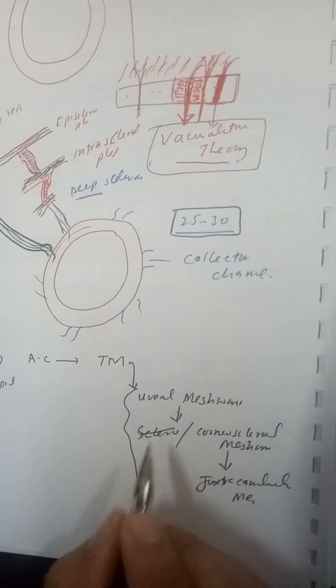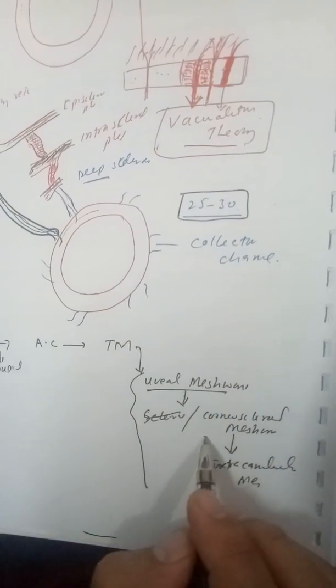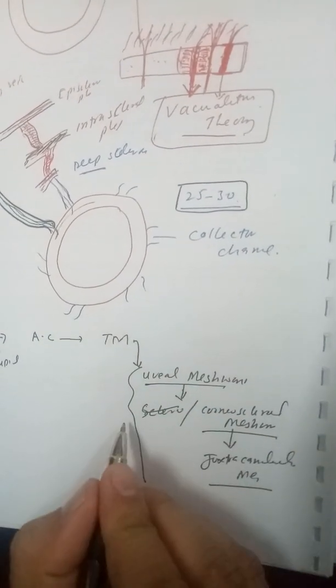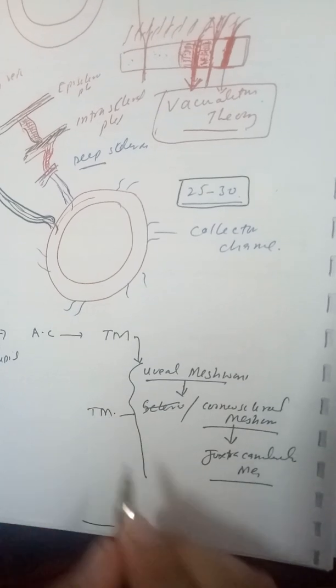This whole part, uveal meshwork, corneoscleral meshwork, and juxtacanalicular meshwork, collectively called trabecular meshwork.